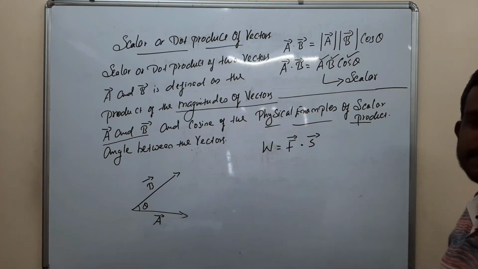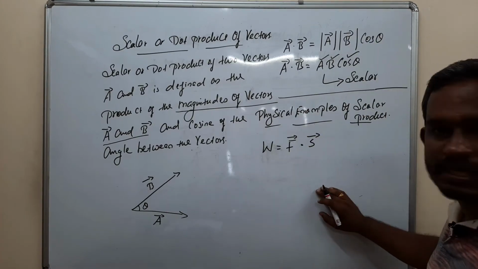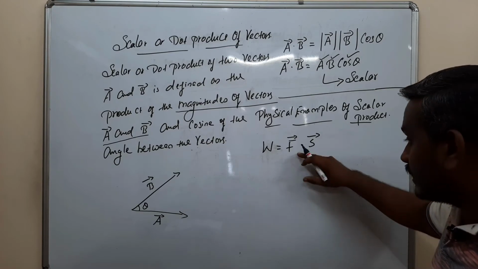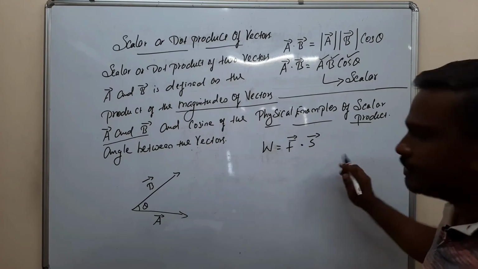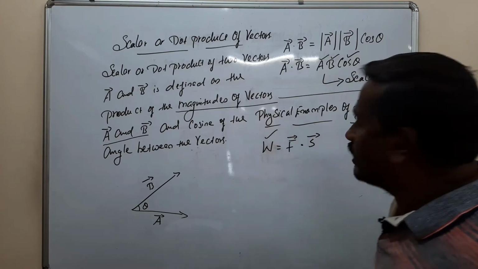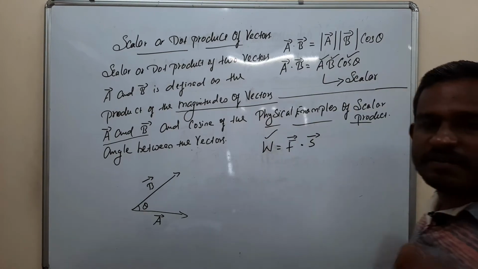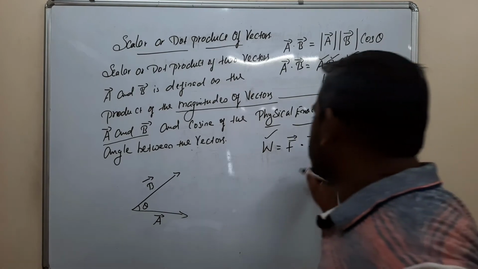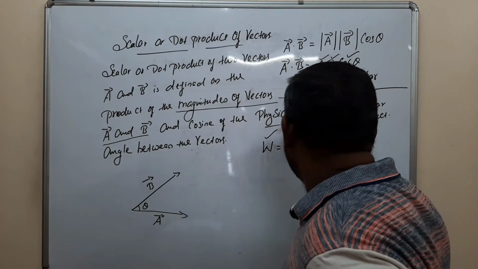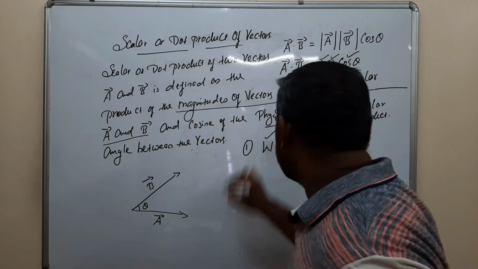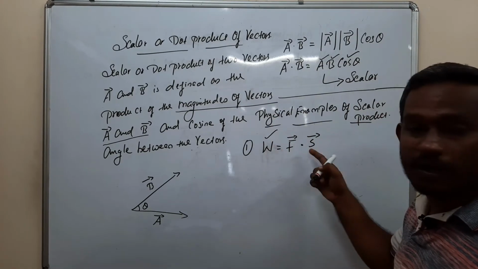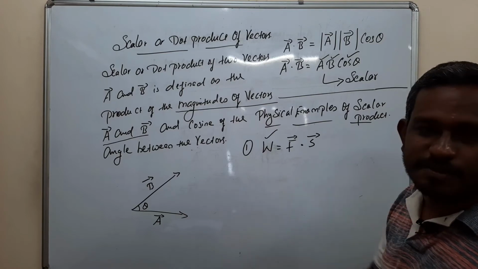Force is a vector quantity, displacement is a vector quantity, so we take the dot product of these two vectors because work done is a scalar quantity, not a vector. So this is the first application, work done, where we take the dot product, not the cross product.